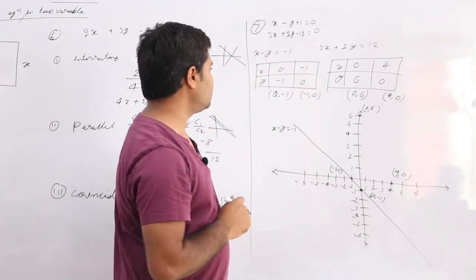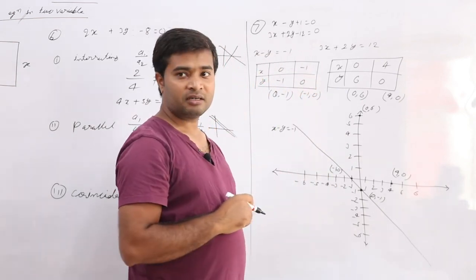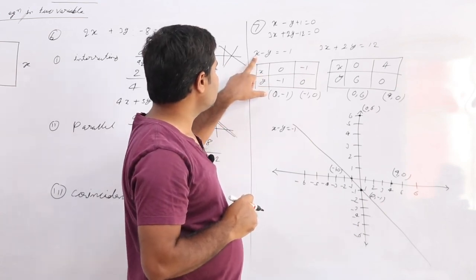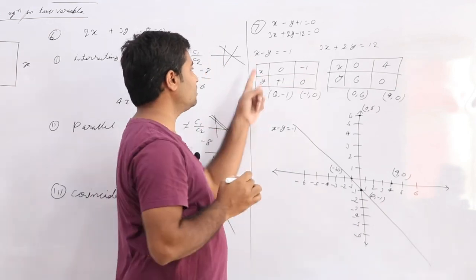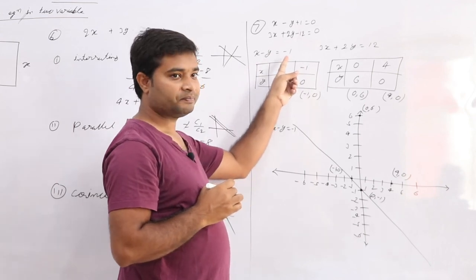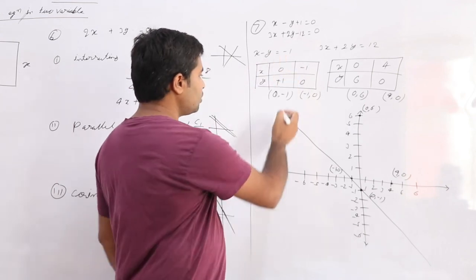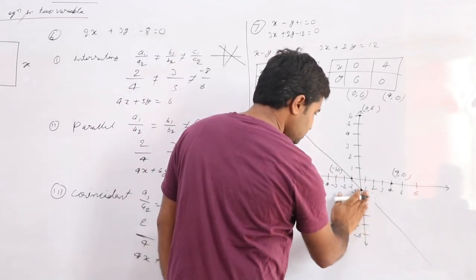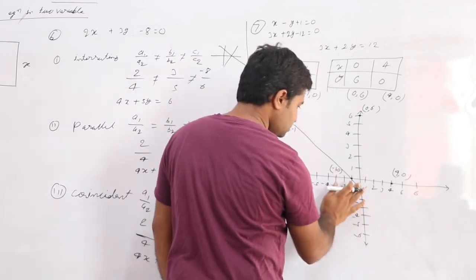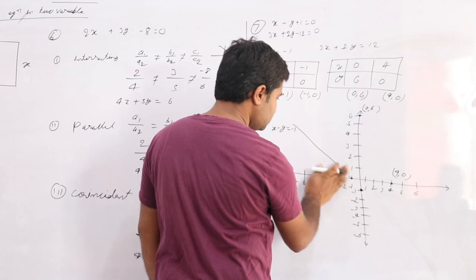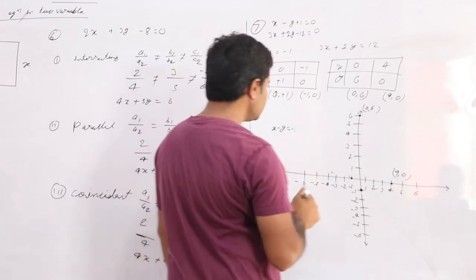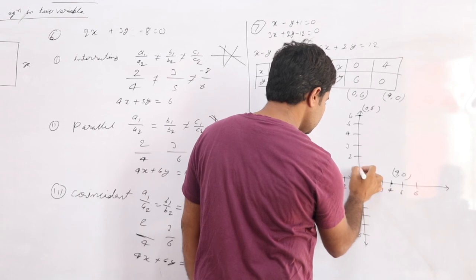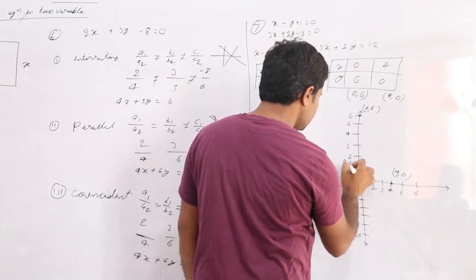Some point is wrong, because you are not getting a triangle. x is equal to 1, then y is equal to plus 1. See, minus and minus get plus. So 0 comma plus 1. x is equal to 0, y is equal to 1. 0 comma 1.